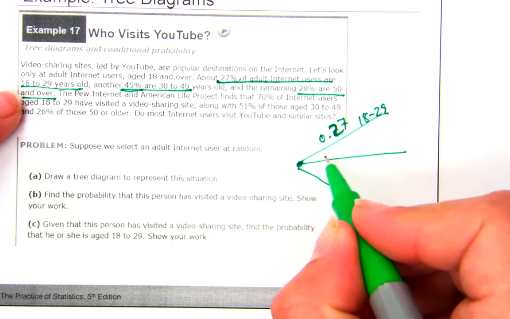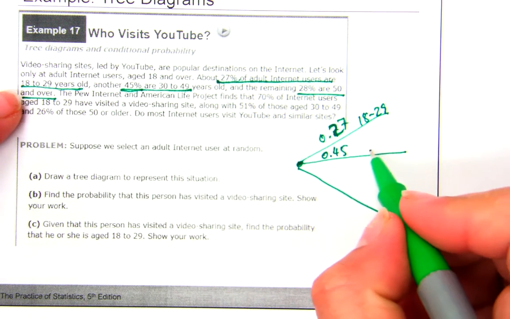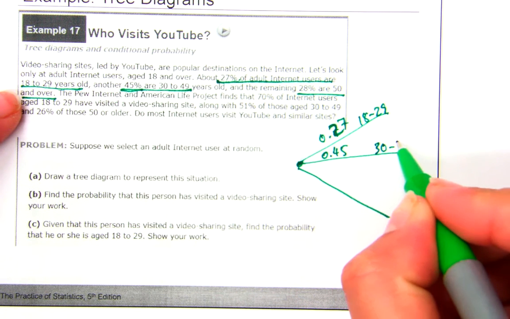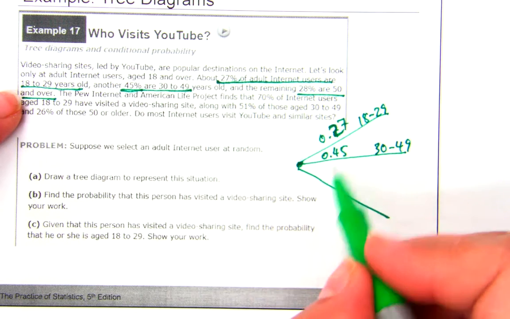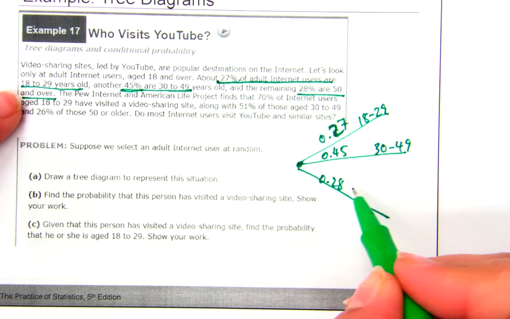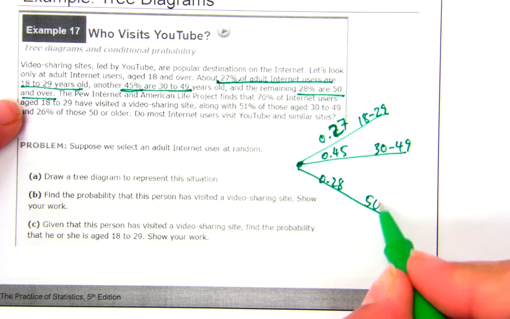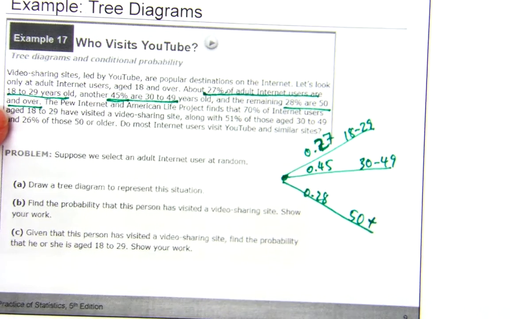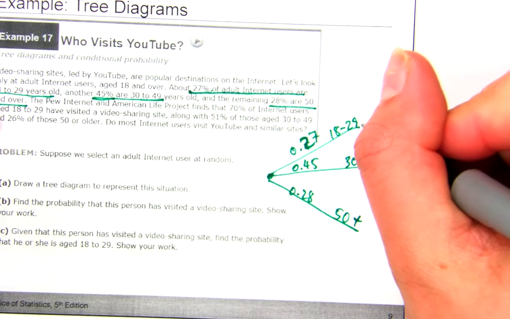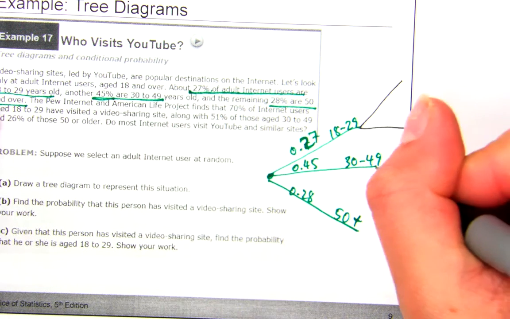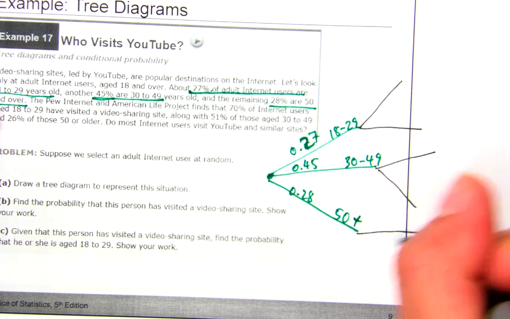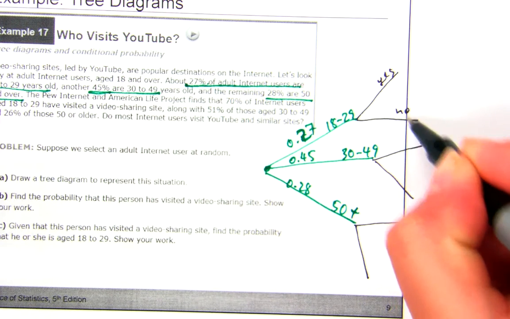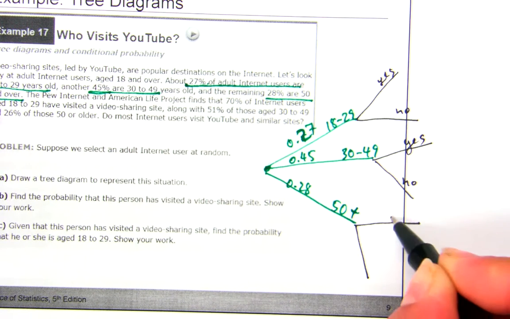The next branch is going to be 0.45, for the 30 through 49 age group. And the remaining 0.28 is going to be for 50 plus. All right. So in each one, in the next branch, you either have that they do use a video sharing site or they don't. So yes, no, and yes, no.